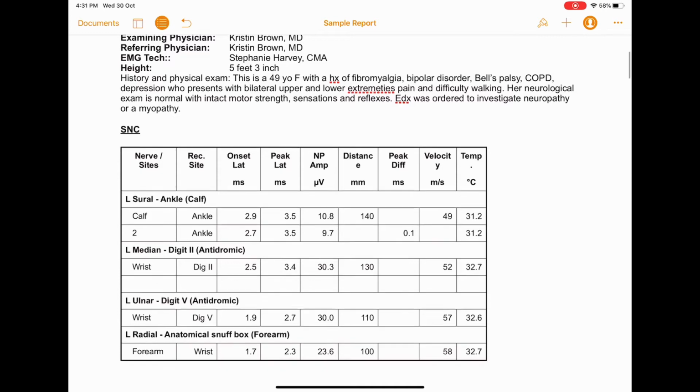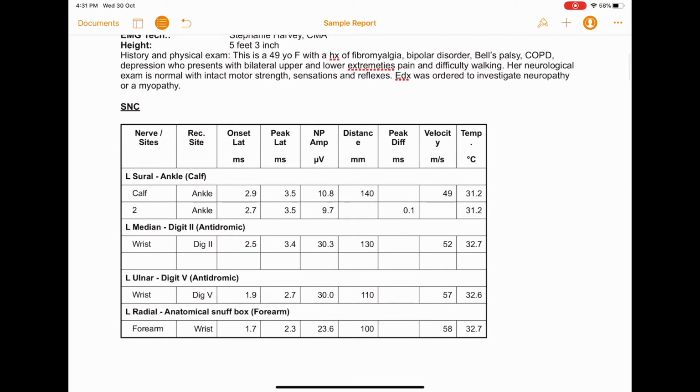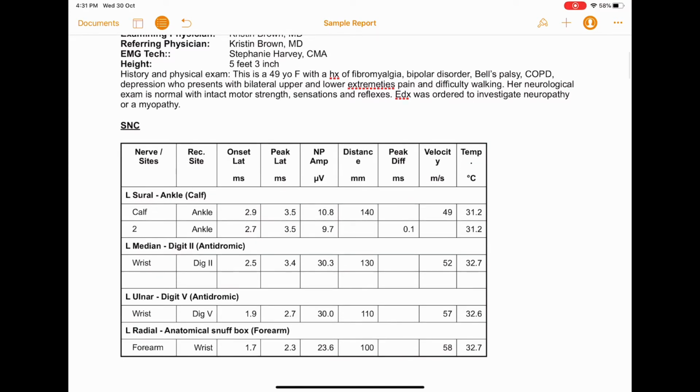You look at when the stimulus is given and when the action potential starts. That time period is called onset latency, which is marked here as well. Then the amplitude goes up towards the y-axis, and when it peaks, the time from the stimulus to the peak is called peak latency along the x-axis.